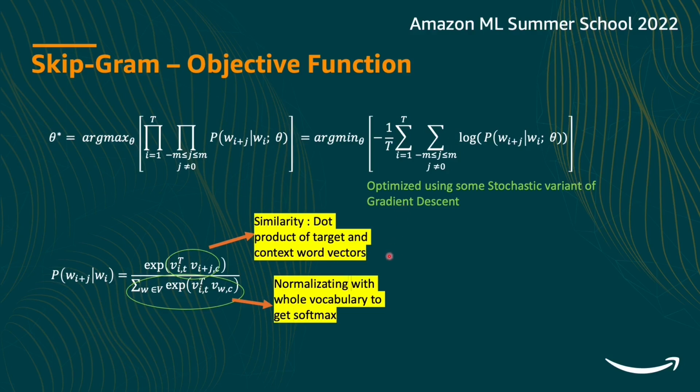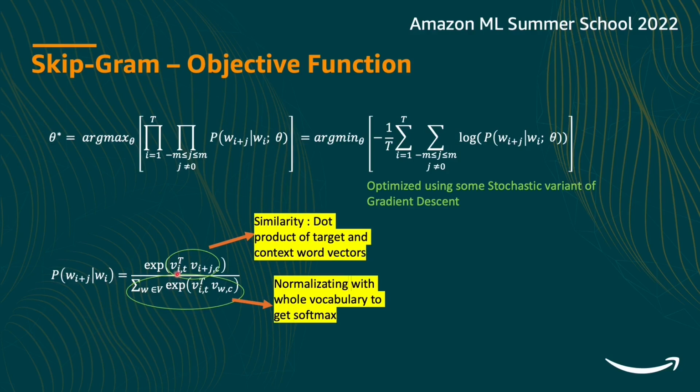The way we compute this probability is by using softmax. So the probability of the context word Wi plus j given the target word Wi is given by the softmax definition here.